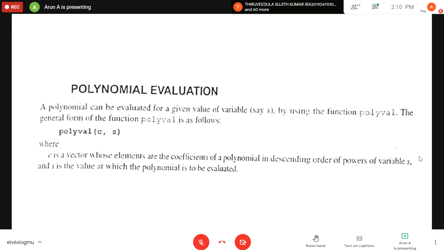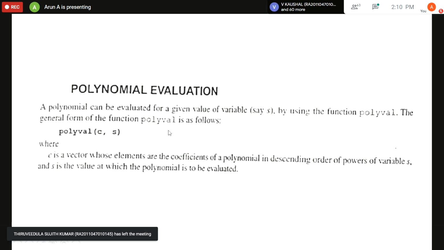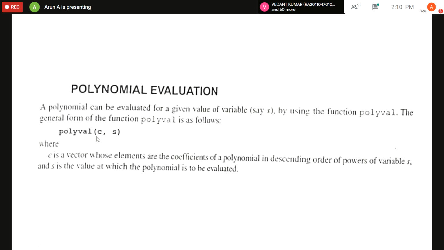Okay, so we have been checking out polynomials. The general form of the polynomial command is polyval(c, s). This is the general syntax which MATLAB uses. Here c is a vector whose elements are the coefficients of a polynomial in descending order.